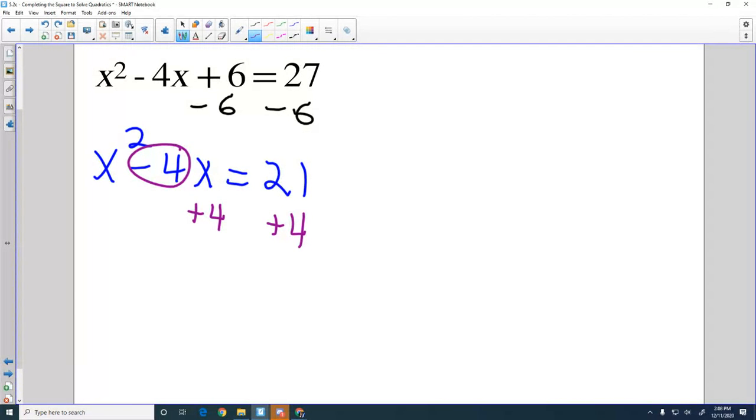That gave us a 4. So we know we have to add 4 to both sides of this equation. By doing that, it turned the left side into a perfect square trinomial, meaning I can factor it as just x minus 2 squared in this case.